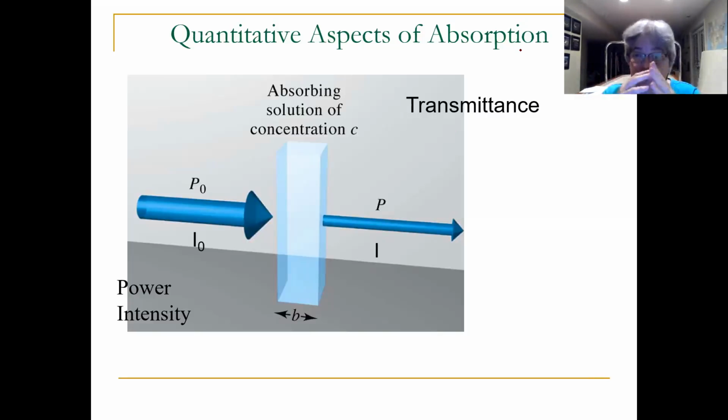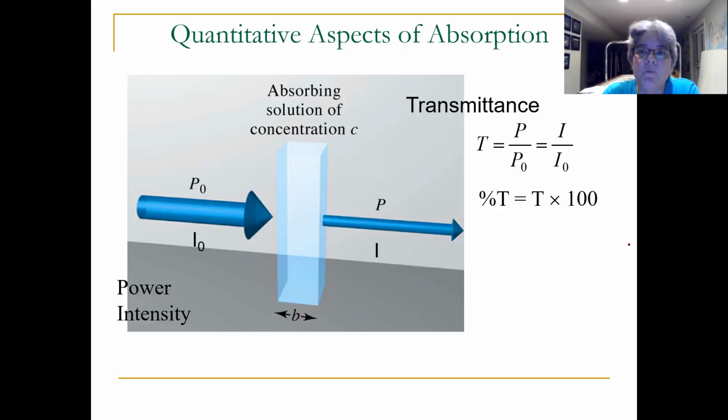It is defined by the ending power divided by the initial, or the ending intensity divided by the initial. Sometimes instead of transmittance, T, we talk about percent T, and percent T is T times 100. So that's transmittance: how much light goes through my sample? That's one way to make the measurement.